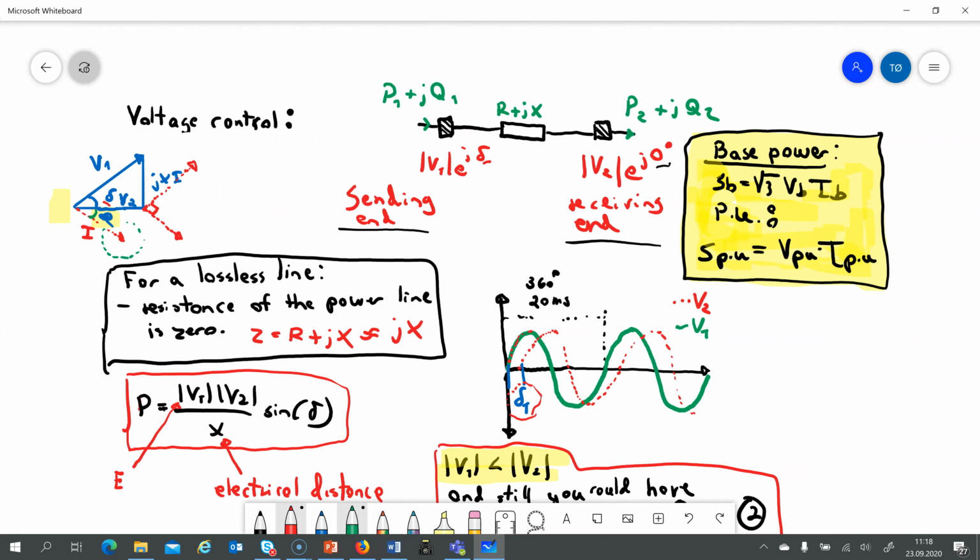What does that imply? That means in this line, if we have a large reactance, the bus 1 and bus 2 are weakly connected. It has a high electrical distance between those. So if they are close, the reactance is low.